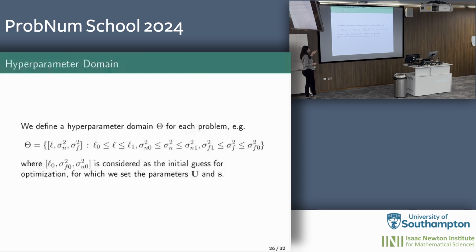What we do is search locally for the maximum likelihood part. We search locally for the hyperparameters, and we consider some finite intervals where we look. Of course, we choose them smartly, but then we can consider these parameters u and s to be the ones that fit the worst case.